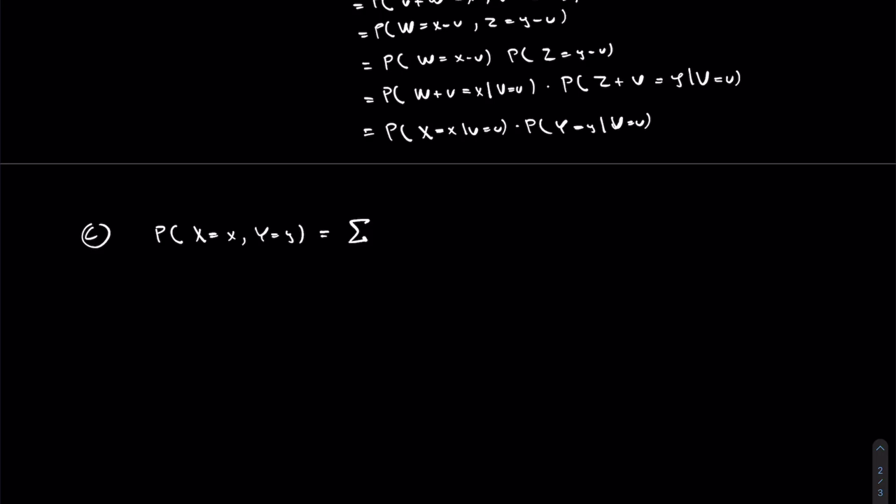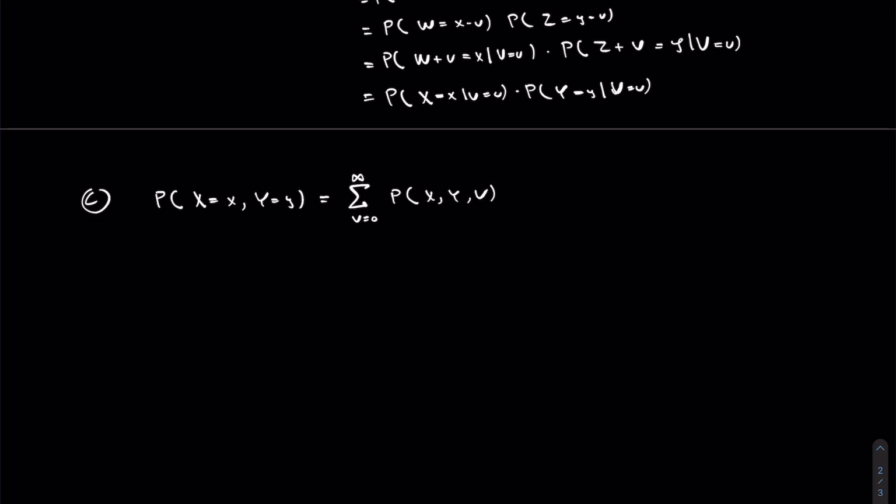So here we can think about the joint distribution of X, Y, V, and we then marginalize over V, remove V from this joint.